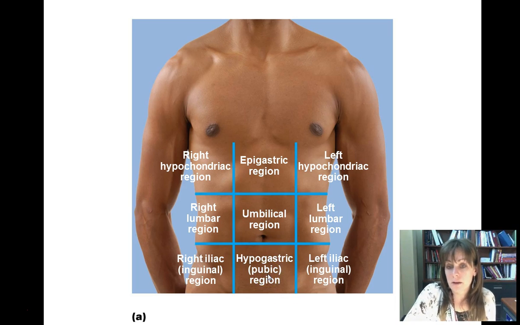Okay, the other four, I think, if you know your surface terms, they relate. So remember, inguinal means groin area. Okay, so we've got the left iliac, or you can say left inguinal region, and right iliac, right inguinal region. Okay, so those are going to be near the groin.